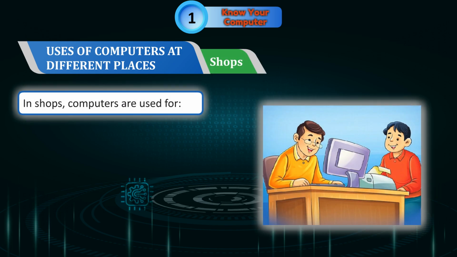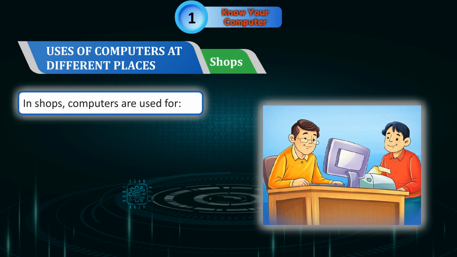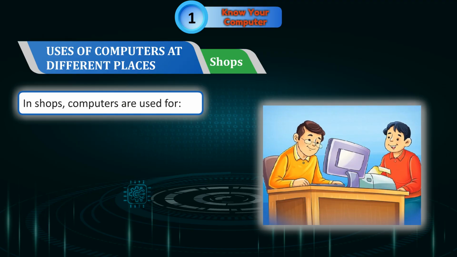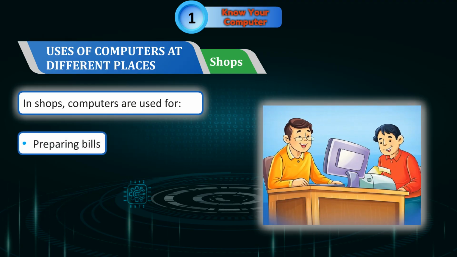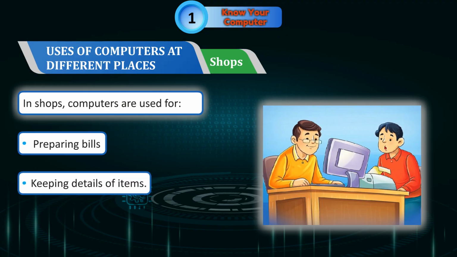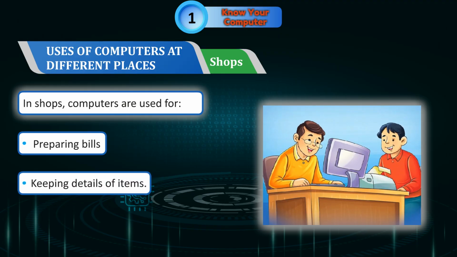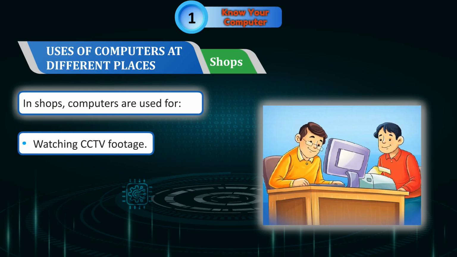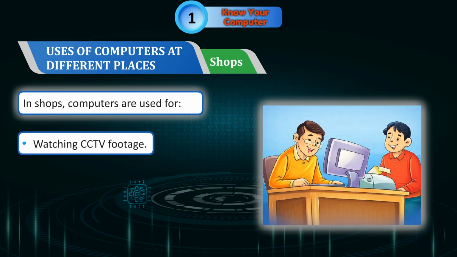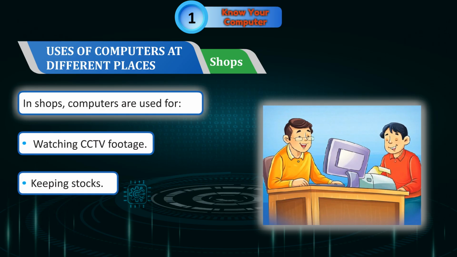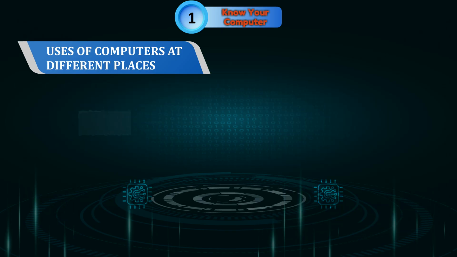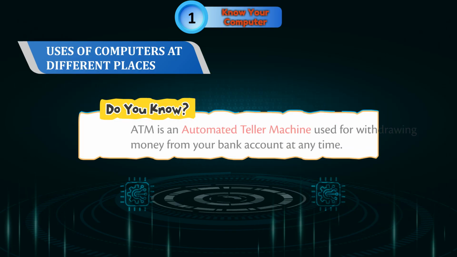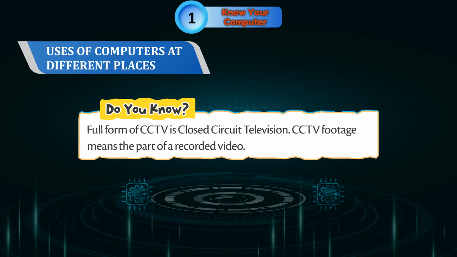Shops. In shops, computers are used for preparing bills, keeping details of items, watching CCTV footage, keeping stocks. Do you know? Full form of CCTV is closed circuit television.